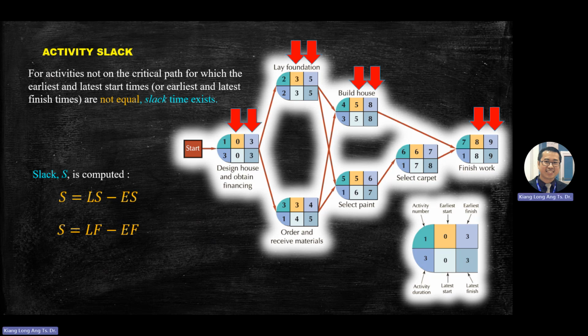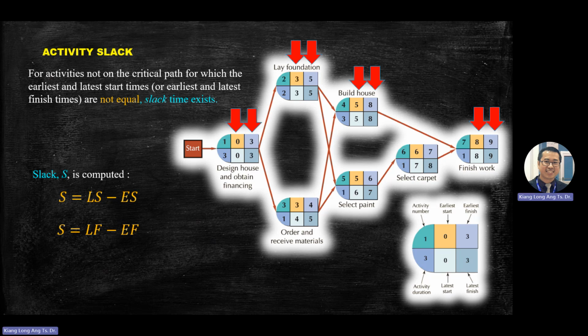This one minus this one equals 0. This one minus this one equals 0. For example, this one: 4 minus 3, you get 1. 5 minus 4, you get 1. This is not a critical member. 1 means you can have 1 month of smoking period or rest period. You can wait 1 month, then only you start.